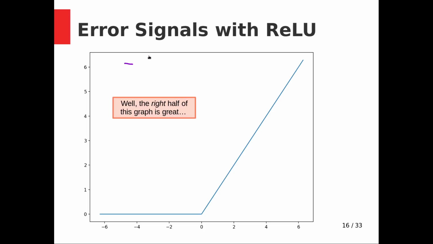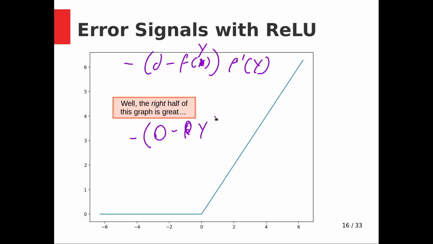We're graphing (D minus f of y) times f prime of y. Well, we're using 0 as our target still.